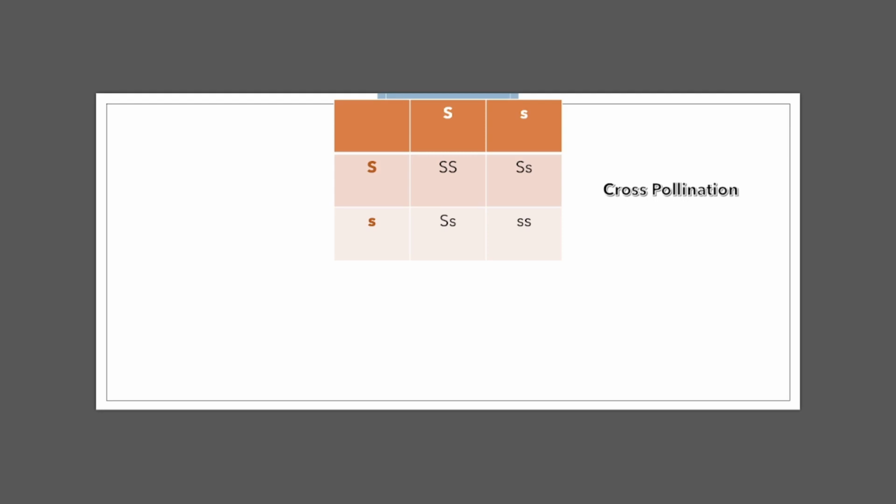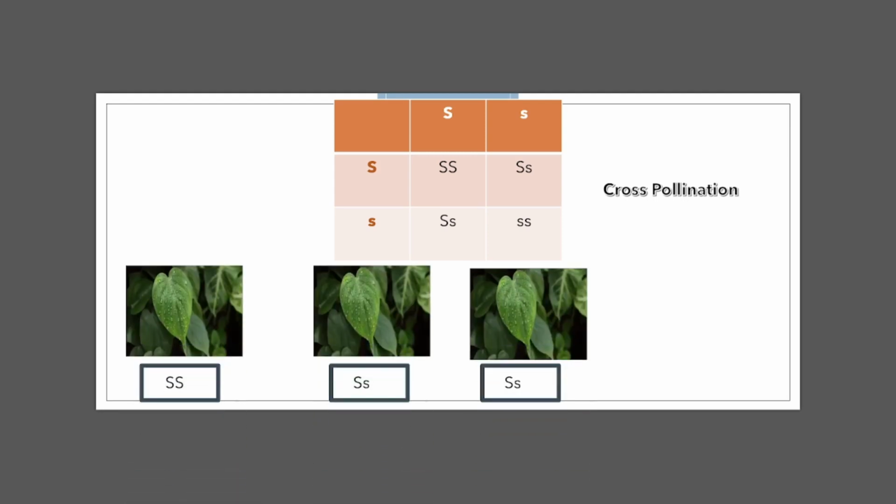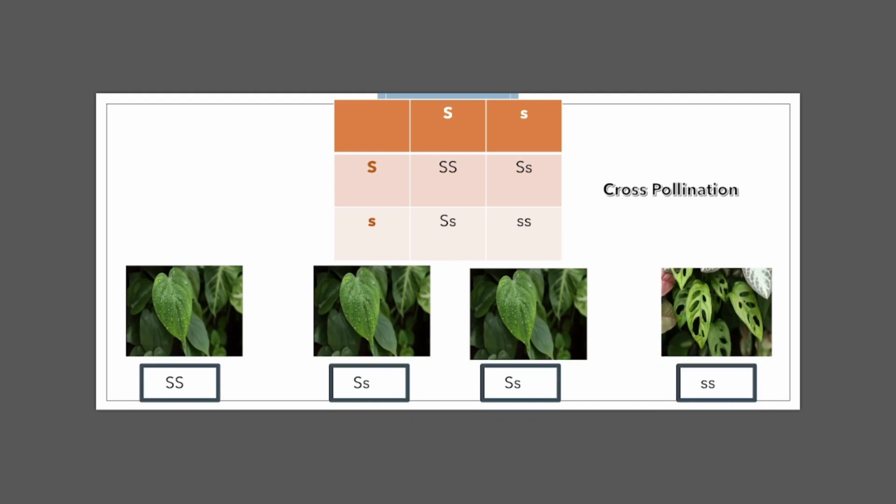In this cross-pollination, what will be the outcomes? Again, ta-da! We have 3 plants out of 4 with smooth leaves and 1 plant out of 4 with wrinkled leaves. तो इसके outcome क्या हुए? 3 plants with smooth leaves and 1 plant with wrinkled leaf.